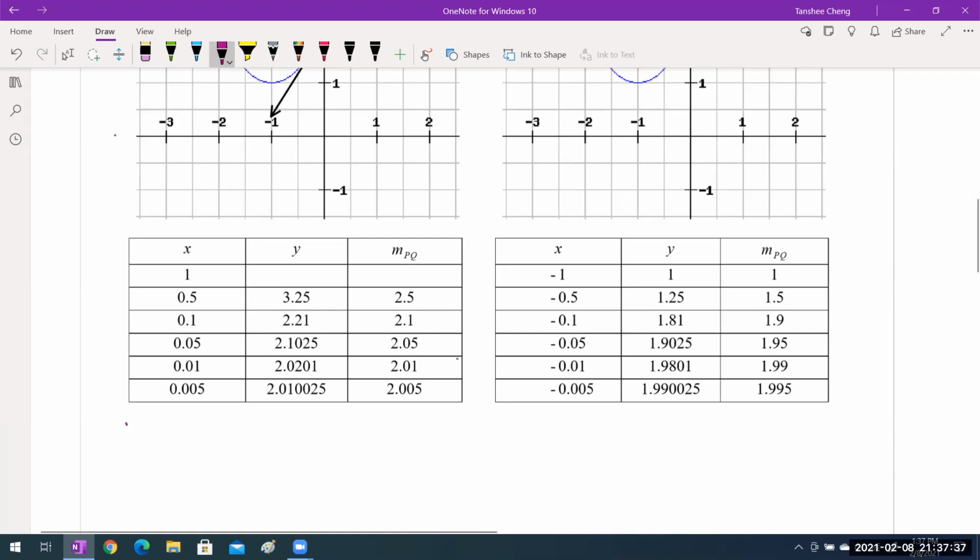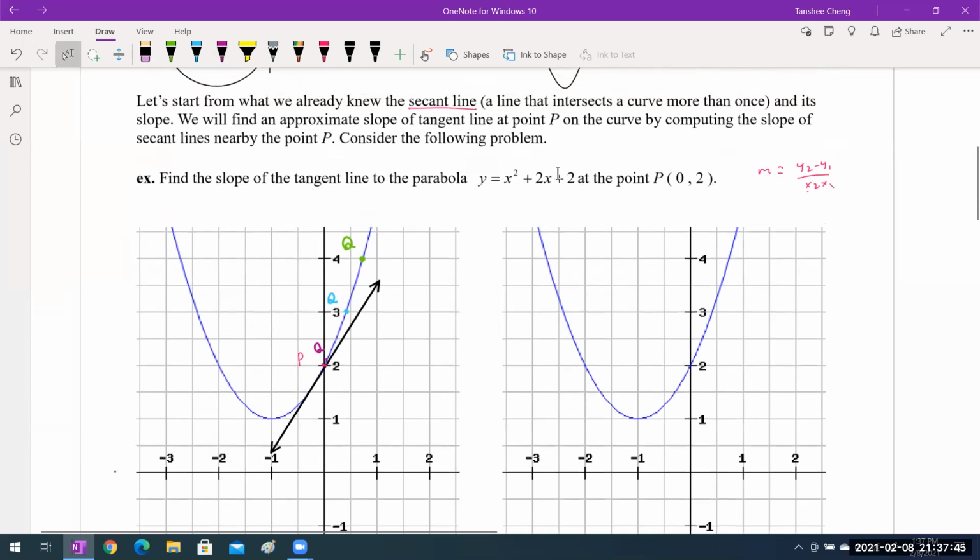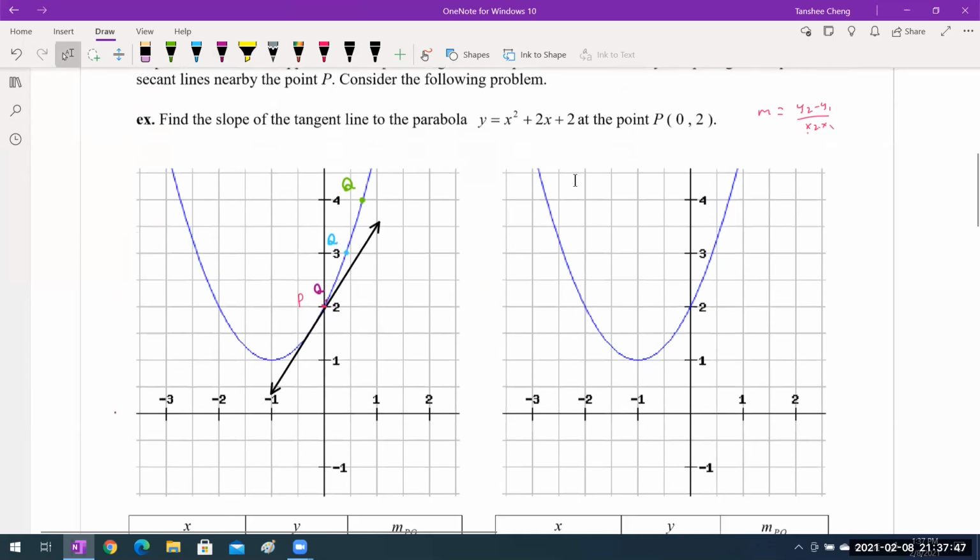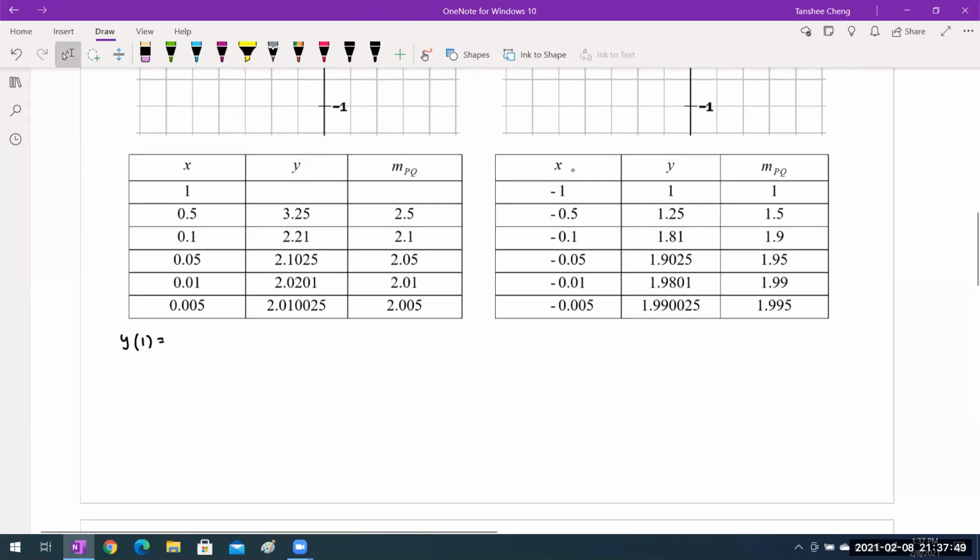So we find y at 1 and plug it into the formula x squared plus 2x plus 2. That will be 1 squared plus 2 times 1 plus 2, which gives us 5. So that's the very first point Q that I use: (1, 5).